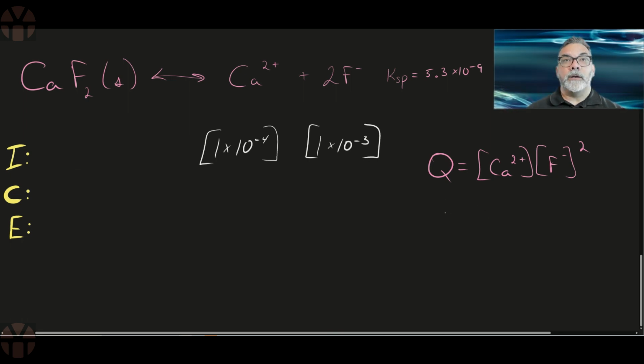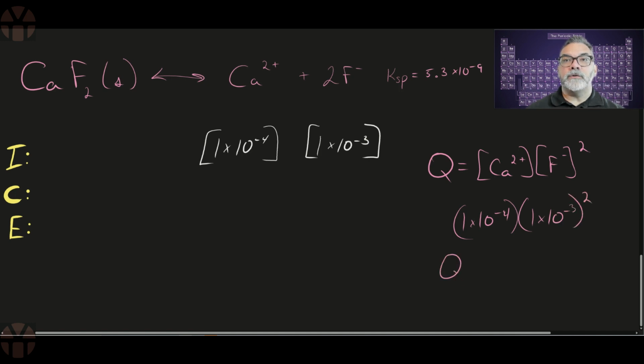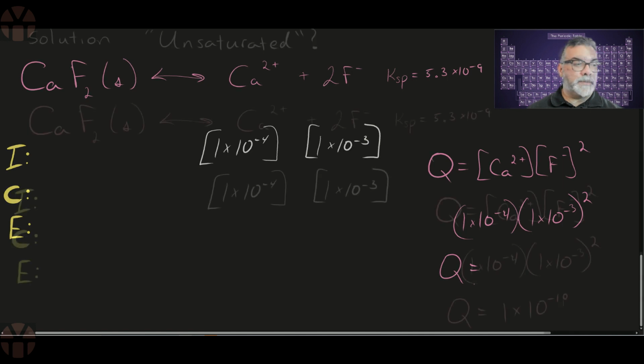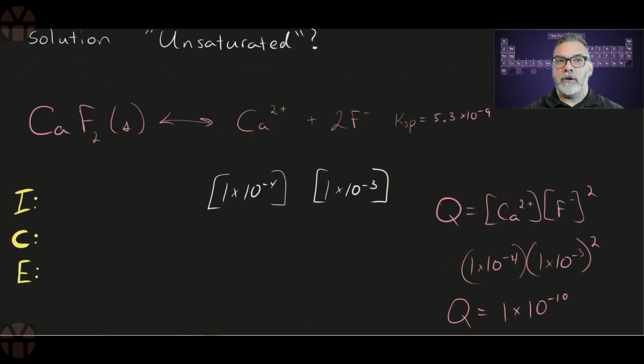So I'm going to plug in my initial quantities: 1 times 10 to the negative fourth, multiplied by 1 times 10 to the negative third, and of course this is squared. When I do this, my new value of Q comes out to be 1 times 10 to the negative 10th. So, what does this tell me?